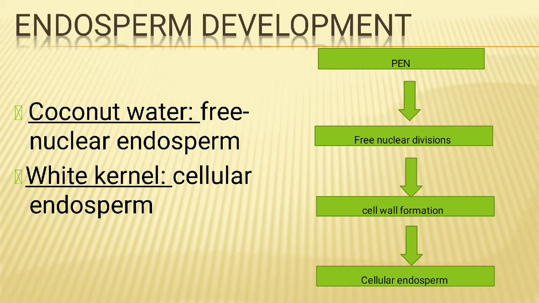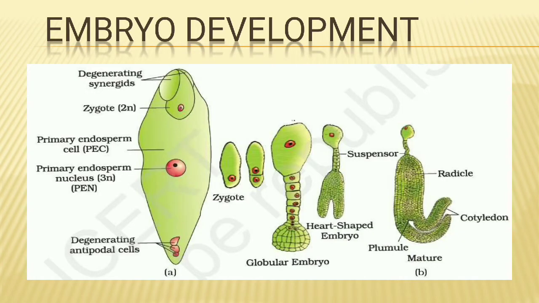The same coconut fruit shows both: the water represents the free nuclear endosperm, and the thick white kernel is nothing but cellular endosperm. This is how the beginning of endosperm development takes place.